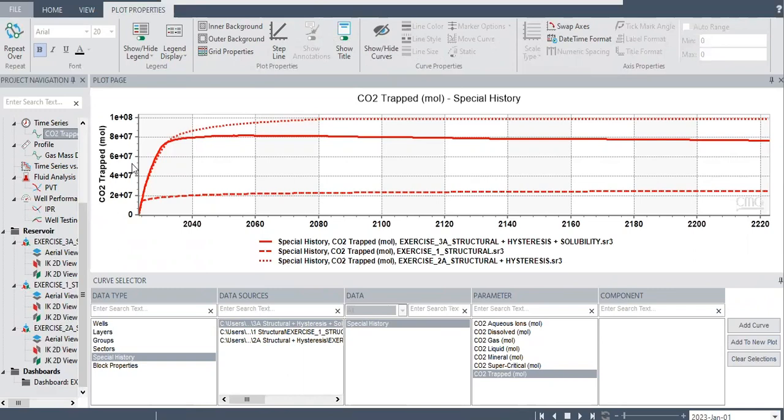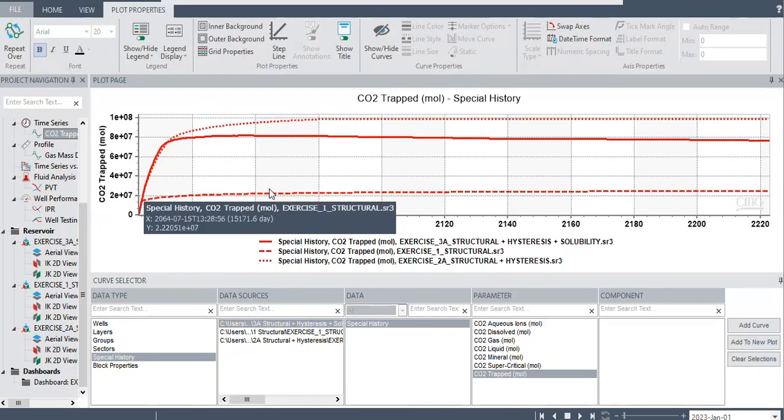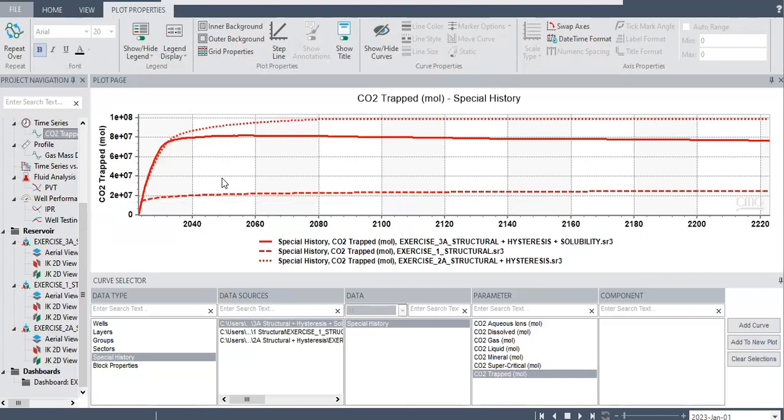In the next video, we will again perform solubility trapping, but we will use a different diffusion coefficient method. Here, in this case, we have Lingham's method for the Henry's constant. And in the next video, we will have another method, not Lingham's method, but Harvey's method.